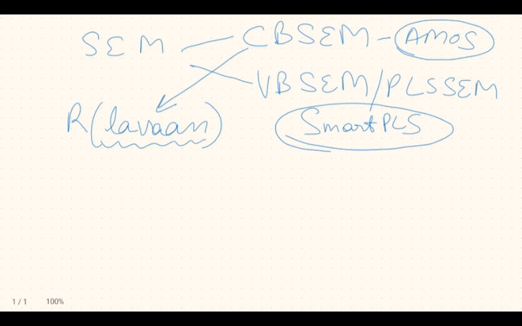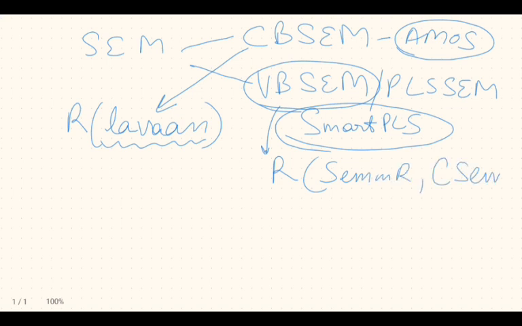Similarly, for conducting variance based structural equation modeling, you can use packages in R. There are two packages, one is SEMinR and the other is cSEM, with cSEM standing for composite structural equation modeling and SEMinR standing for structural equation modeling in R.